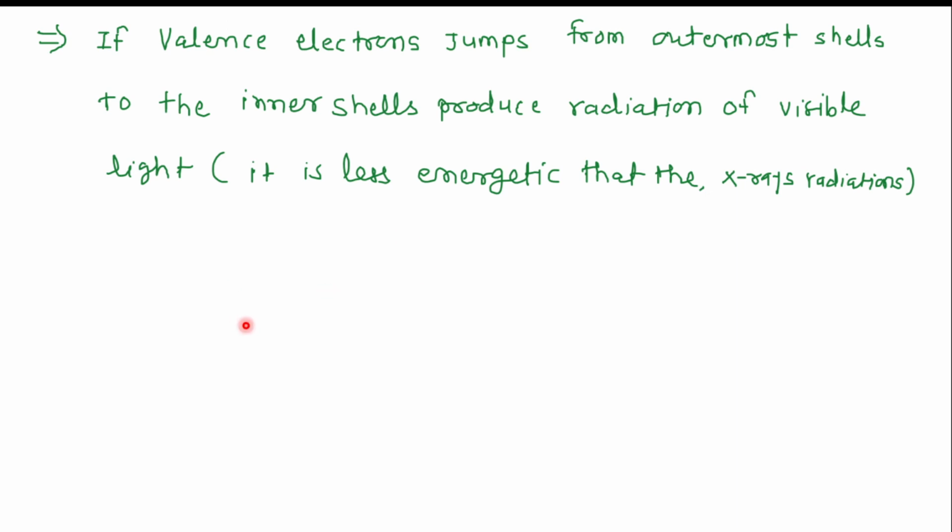In X-ray spectra, we have seen that outer shell electrons fall into the inner orbits.